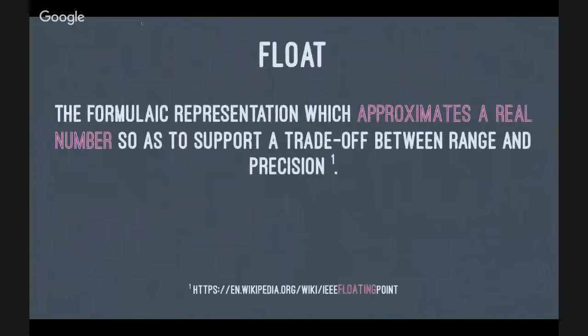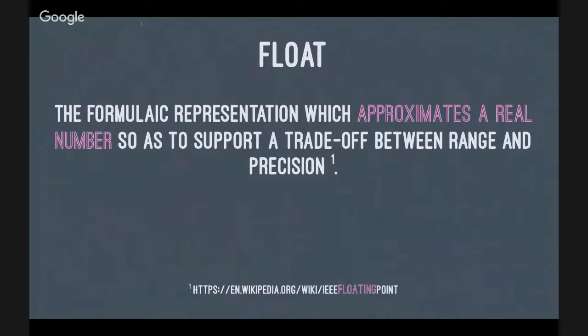The biggest problem here is that that's a float. This is taken from Wikipedia, and basically it says that a float is an approximation of a real number. The problem is computers, as we all know, they're ones and zeros, right? So how would you represent this, having ones and zeros?